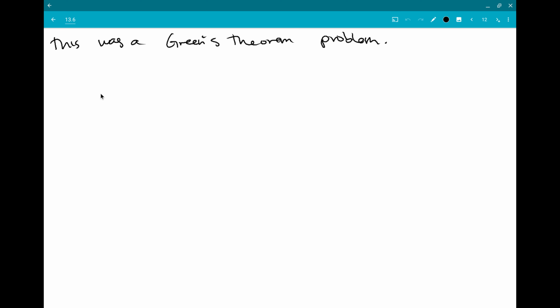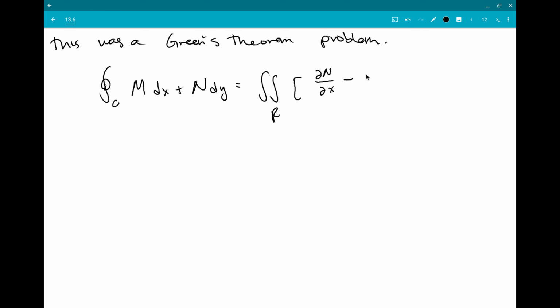you could always write down this instead, which is that Green's theorem is going to tell us that the integral over a closed curve of some function M dx plus N dy is going to be the double integral over the area of the partial derivative of N with respect to x minus the partial derivative of M with respect to y dA.